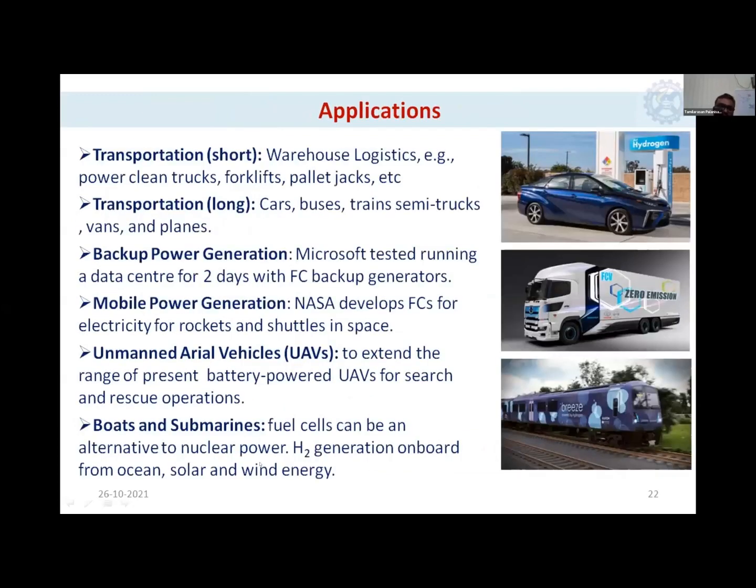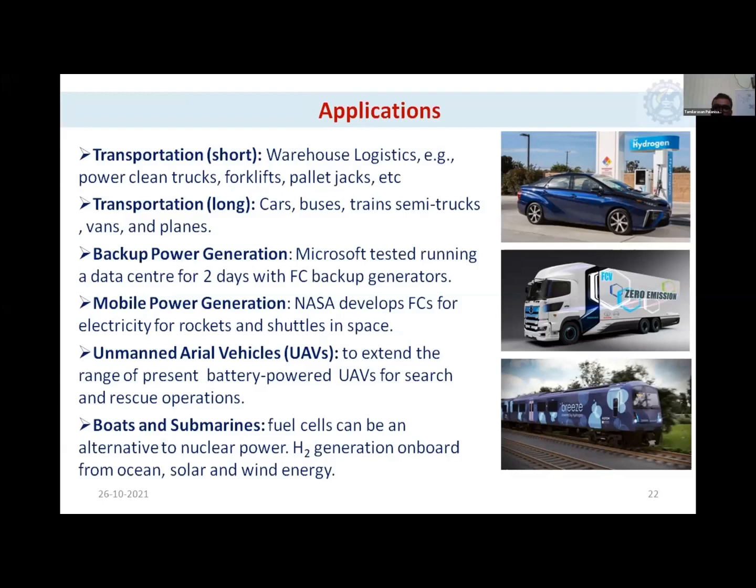And after seeing all these different types of fuel cells and their working mechanism and recent advancements in those different types of fuel cells, now let's see some practical applications where it can be used.